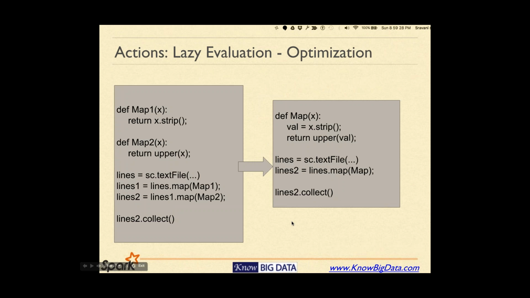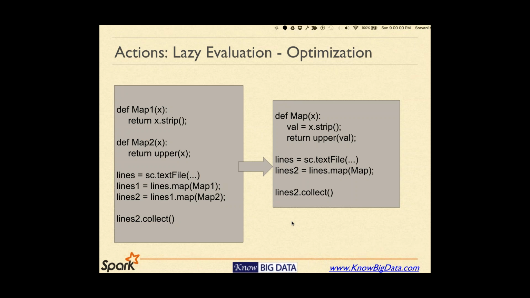Now here is an example of lazy evaluation. Imagine that you have two functions, map1 and map2. Map1 is doing strip and map2 is doing translation to uppercase. So what we are trying to do is lines equals sc.textFile, and then we say lines1 equals lines.map with the map1 function.